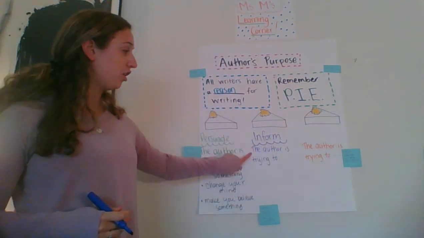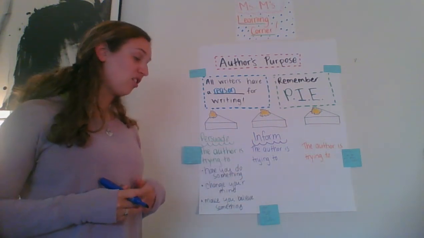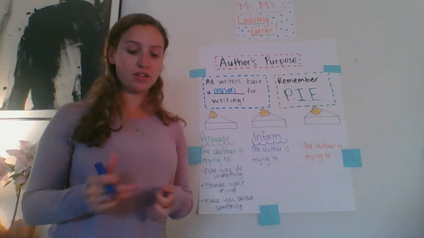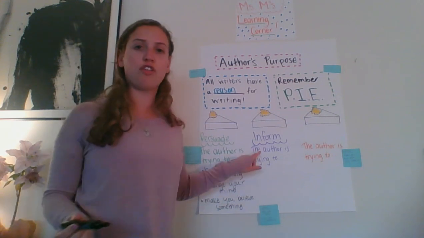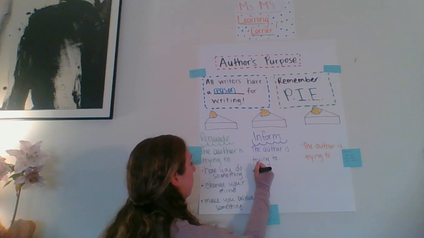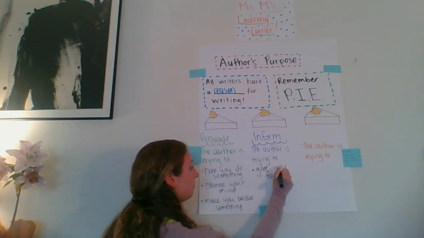When your author is trying to inform you, they are trying to give you the facts, or they are trying to teach you something. So go ahead and think of a way or a book that you have read recently where your author was trying to inform you or give you facts or teach you something.